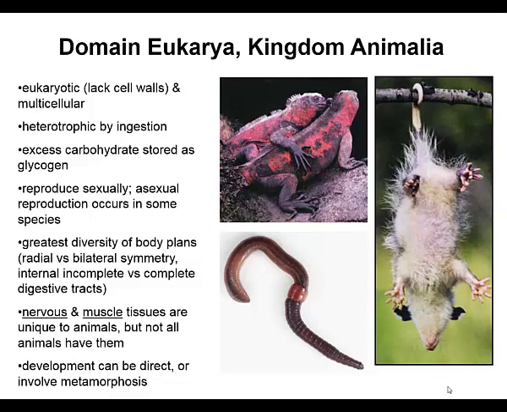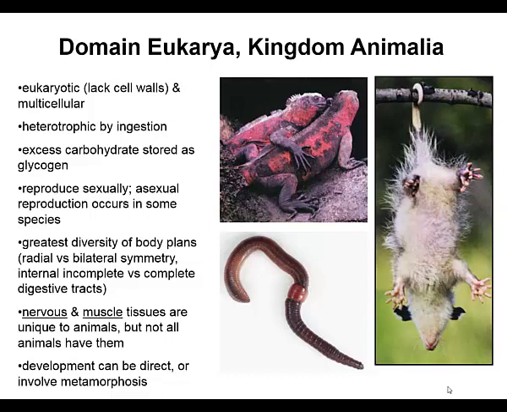We're going to look at radial versus bilateral symmetry, and incomplete versus complete digestive tracts. We're going to see a lot more organization as we move through the phyla within Kingdom Animalia. The other key thing, this is the first time we're talking about nervous and muscle tissue. These two types of tissues are unique to animals, but not all animals have them.